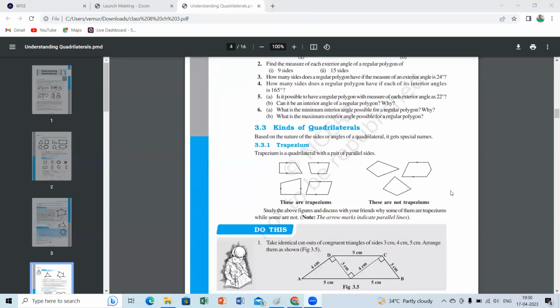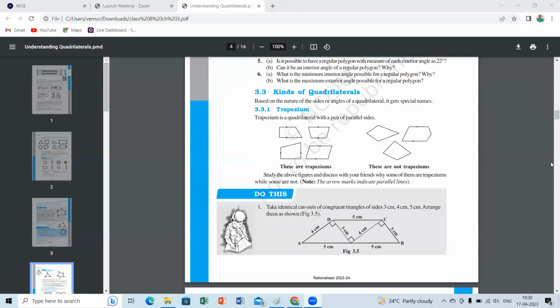What is a trapezium? These are trapeziums. These are not trapeziums. Why? Because they don't have one pair of parallel lines.